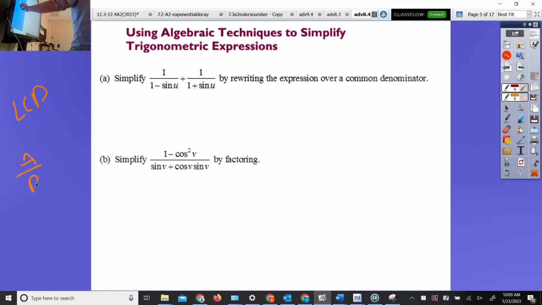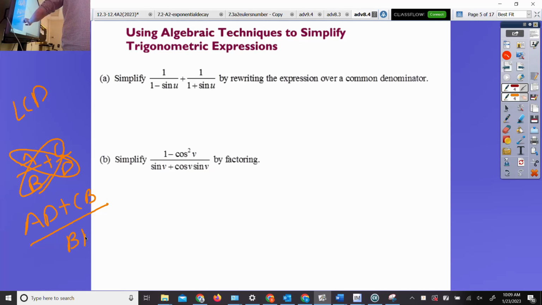Let's just go over how you add A over B plus C over D. How do you add A over B plus C over D? B times C. You give A times D, butterfly, and you give B times C, and you unify the denominator.